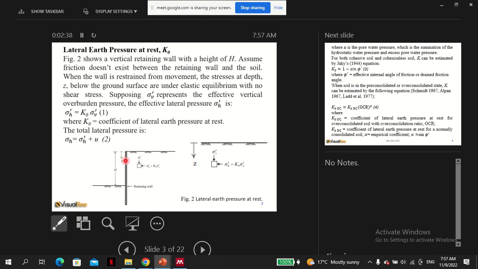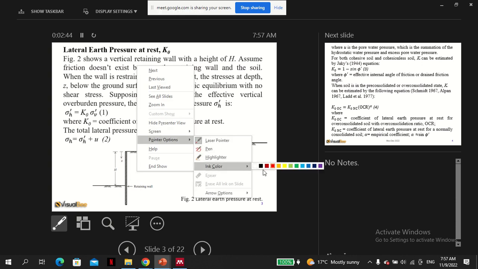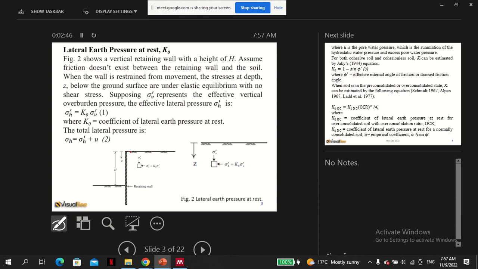The retaining wall is going to deflect like this, like that. That means the soil will tend to move, to push the wall that way.